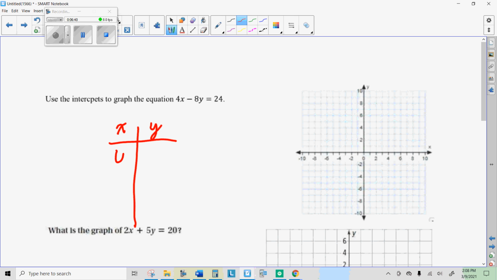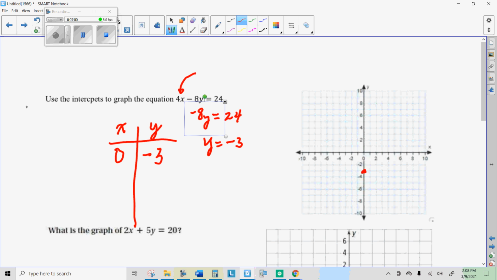So if I put in 0 for x, so I'm making this term 0, then I get negative 8y equals 24. So y equals 24 divided by negative 8, which is negative 3. So my y-intercept is negative 3. I'll put that there.